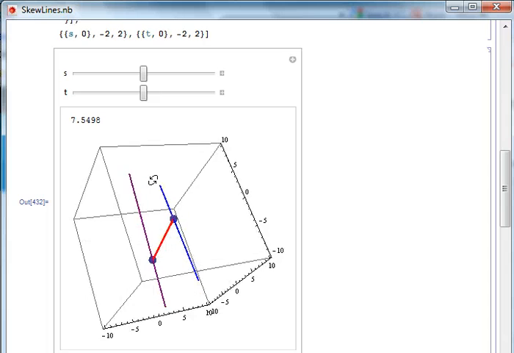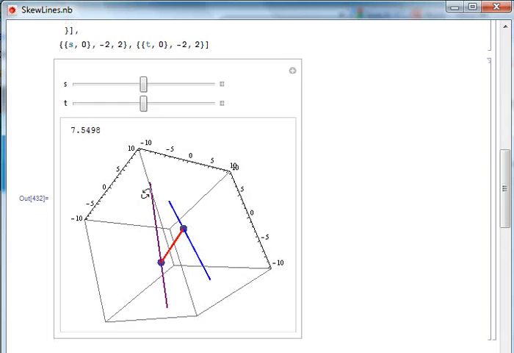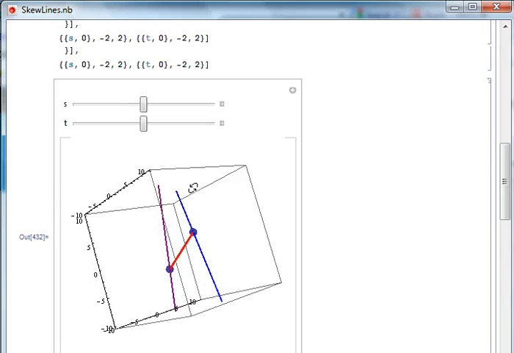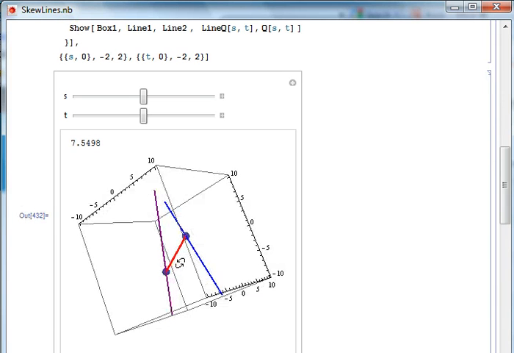I'm about to describe the property of the shortest, which is that this red line segment is supposed to be perpendicular to both the purple line and the blue line if this pair of points forms the shortest distance.